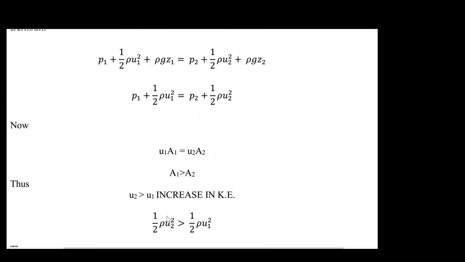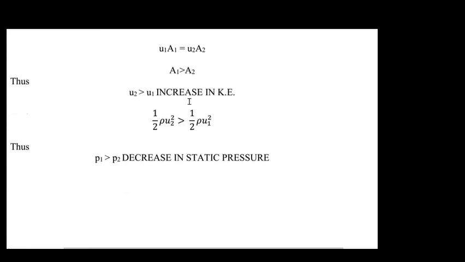So this term here is bigger than this term here. If the overall terms are the same, and this is increasing, this must be decreasing. So P1 is greater than P2. So we see a decrease in the static pressure.